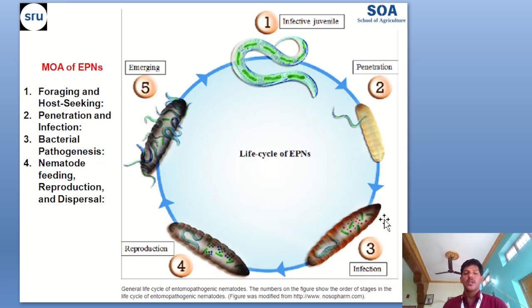Inside the host, the bacterial pathogen releases toxins and other toxic enzymes that cause disease in the host insect and eventually kill it. On this dead and decaying host, the nematode feeds, grows, reproduces, and produces progeny, and this progeny will disperse to attack the next new host.